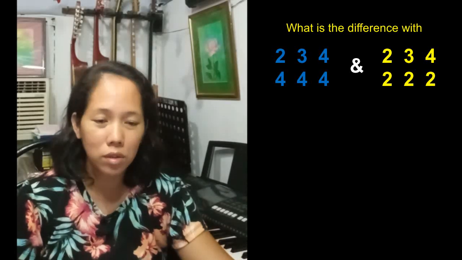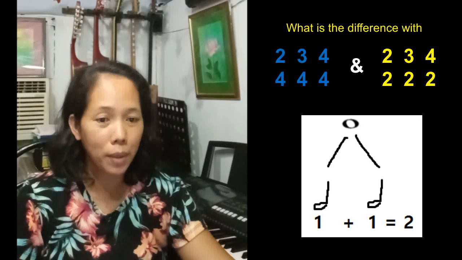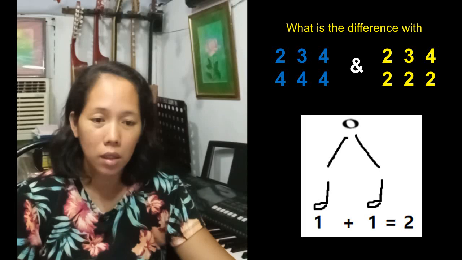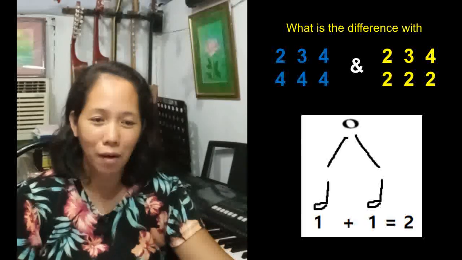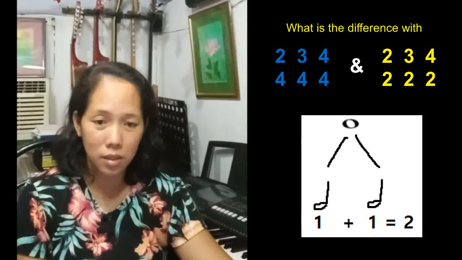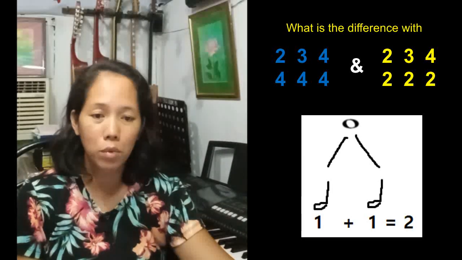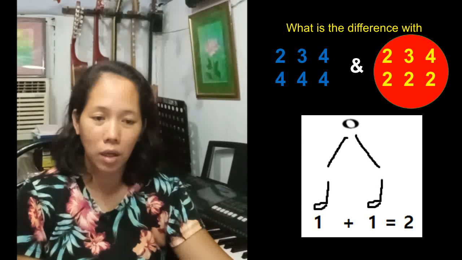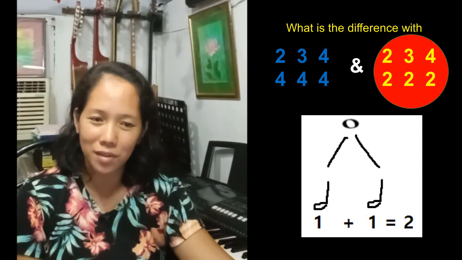The whole note is only 2 because each whole note is composed of 2 pieces of half note. And in this time signature with lower number 2, each half note is only treated as 1 count. That's why it is 2 counts.